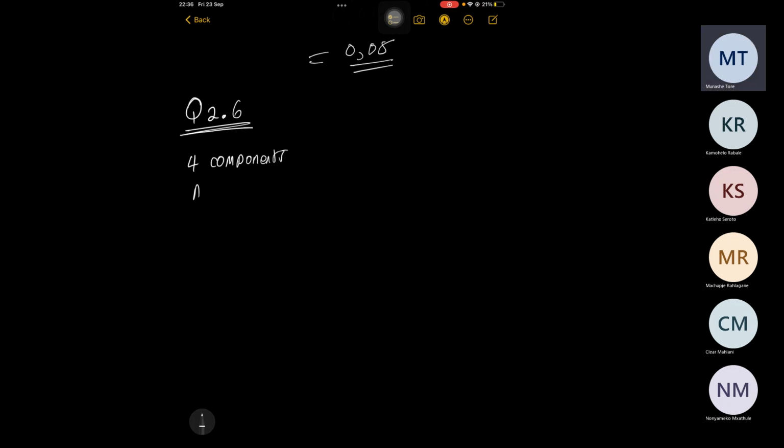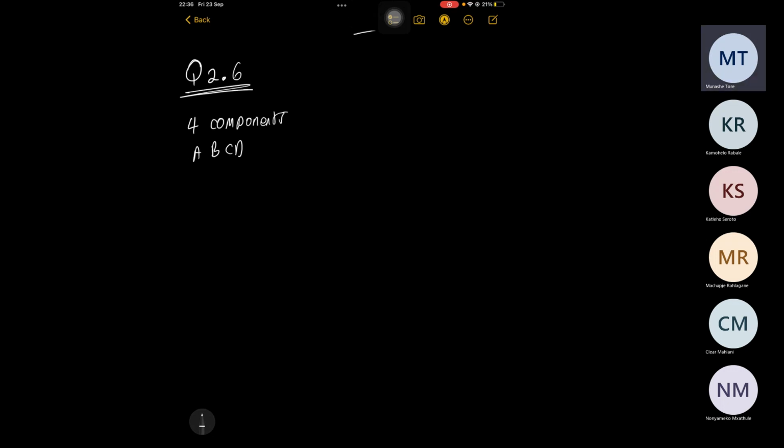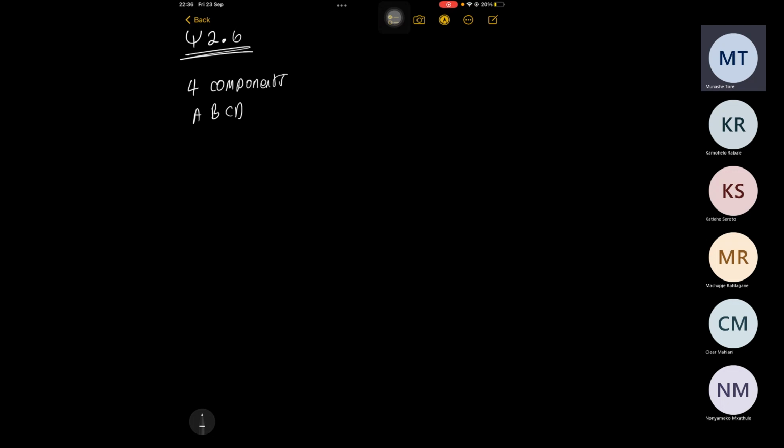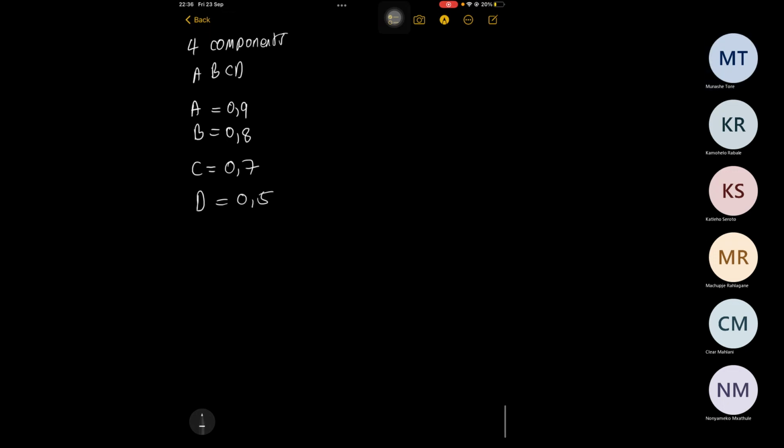And these are A, B, C, and D. Each component of the system operates independently of any other. The probabilities of the components working are: probability for A working is going to be 0.9, of B working 0.8, of C working 0.7, then of D working 0.5. These are probabilities of working.